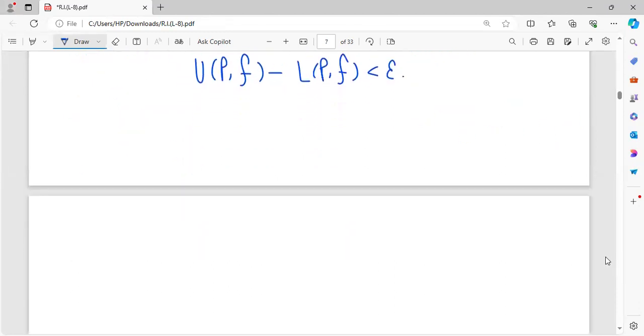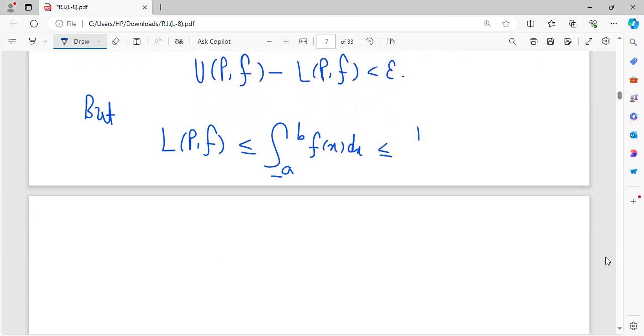But we know that LPF is less than or equal to the lower integral of f(x) dx, and the lower integral is always less than or equal to the upper integral, and the upper integral is always less than or equal to UPF.